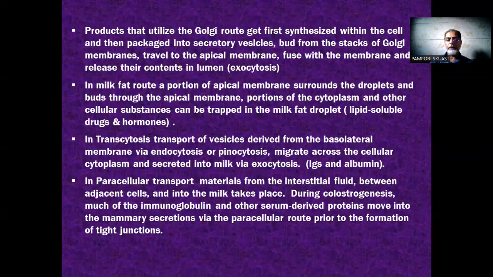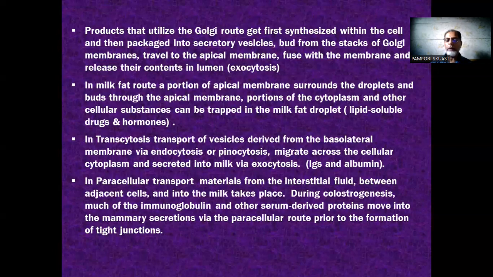There are tight junctions, and if they are somewhat compromised in early lactation, just after parturition, these tight junctions are permeable, and therefore many things besides water, ions and minerals, even immunoglobulins, cross through these tight junctions to the other side of the membrane. That's what we name the paracellular route.